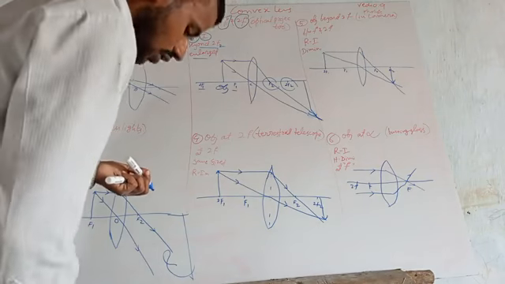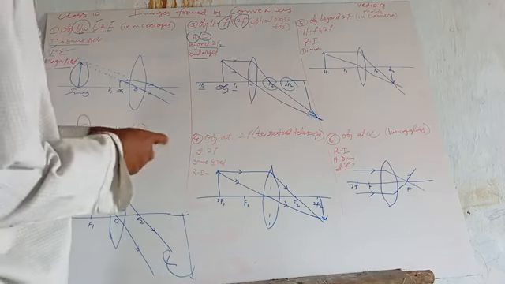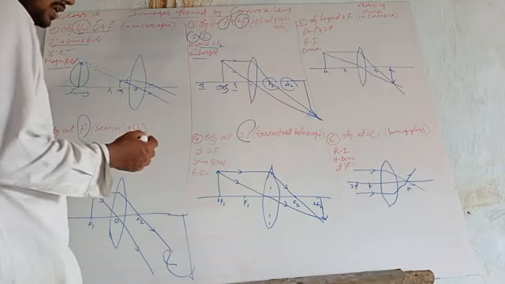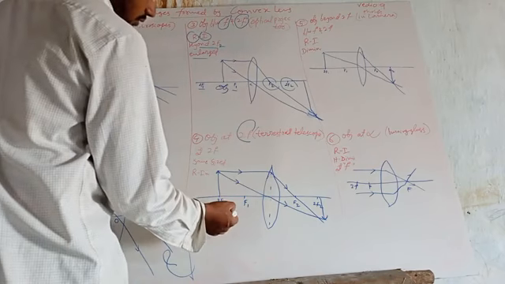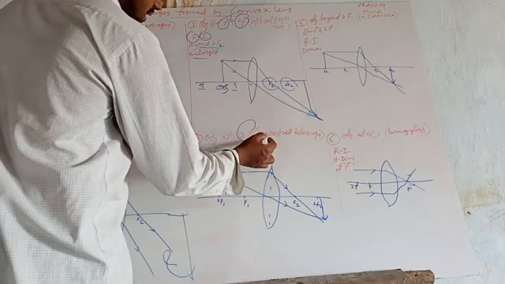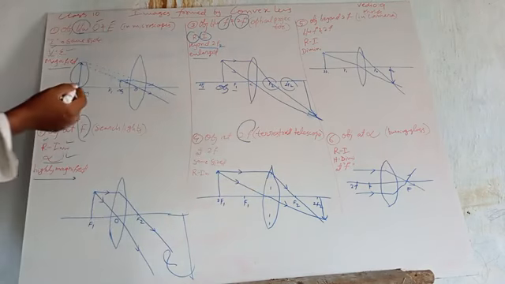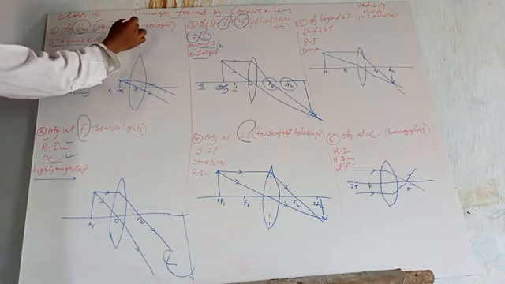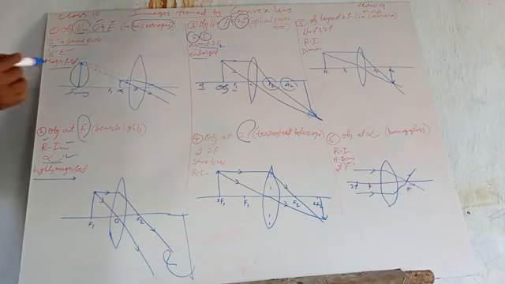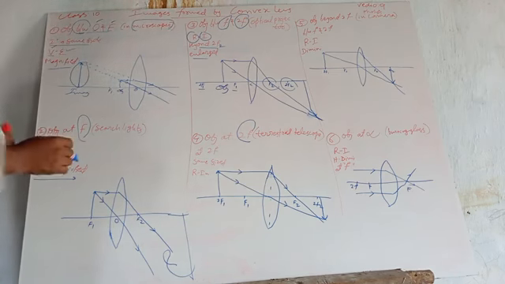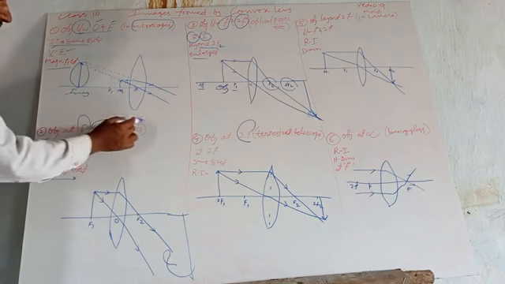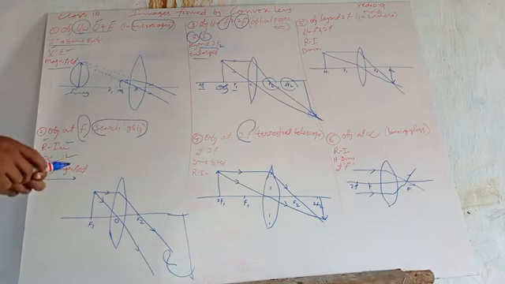Look here, next. Object, fourth point. When the object is at 2F1, then how is it useful? Look here. First, this type of lens is used in microscopes, please underline. Next, magnifying lenses. Look here, second type of object, this type of lens is used in searching lights and torch lights.